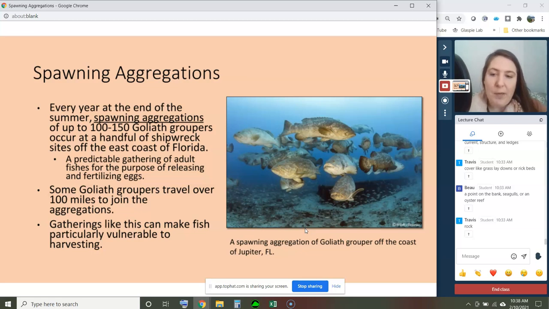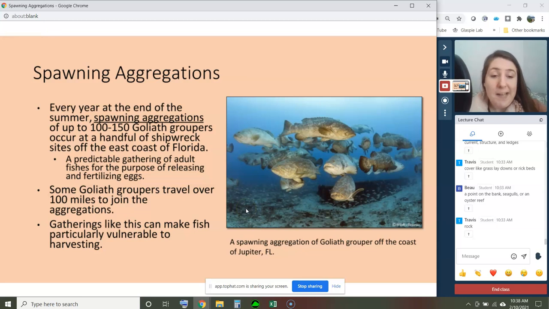And this is a really predictable gathering. They come together to release sperm and eggs, so they're doing this spawning aggregation behavior because they are broadcast spawners. Some Goliath groupers will travel over 100 miles to join these aggregations, so they're pulling in fish from a wide area. This is a picture of one of these aggregations off the coast of Jupiter, Florida.